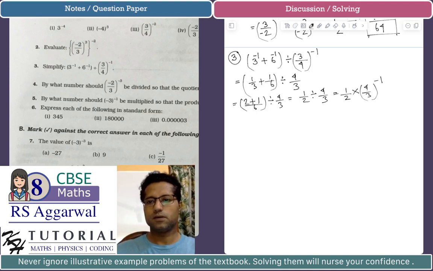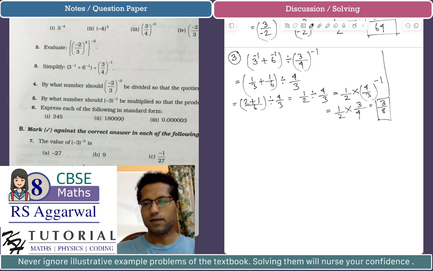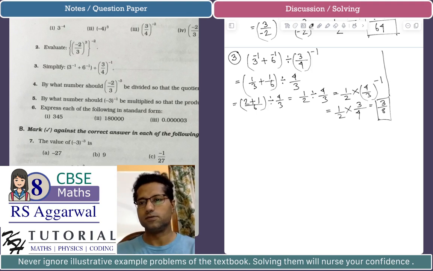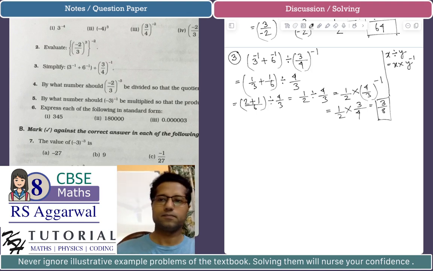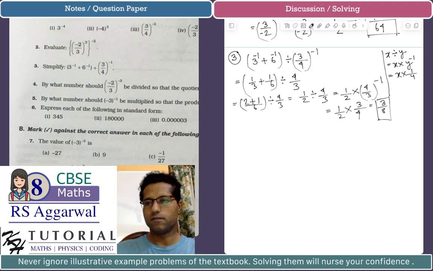So this is equal to half multiplied by 3 by 4. This is equal to 3 by 8. So I applied a concept that the division of two rational numbers: if x and y are two rational numbers, then x divided by y is equal to x multiplied by y inverse, which is equal to x multiplied by 1 by y.